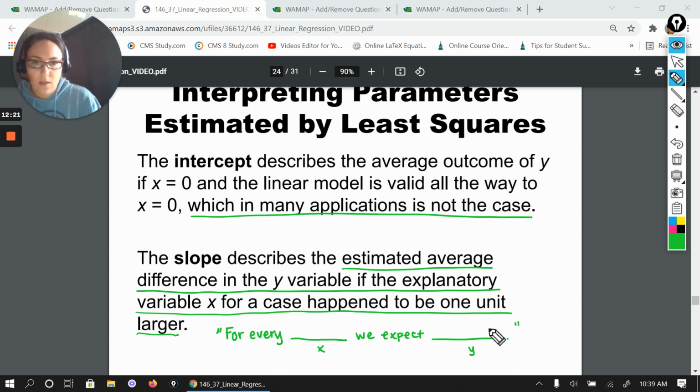Okay, so for every dollar in income, we expect 4 cents less in aid. For every centimeter of body length, we expect another however many millimeters of head length, which was another example that we had looked at previously. So try to use this language when you have to interpret a slope.